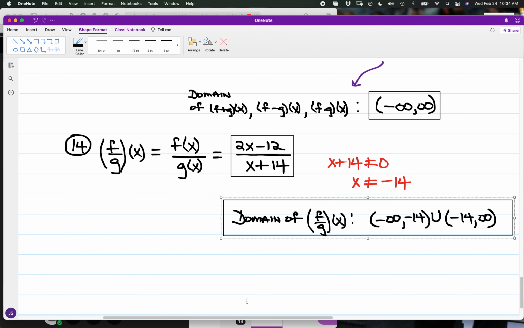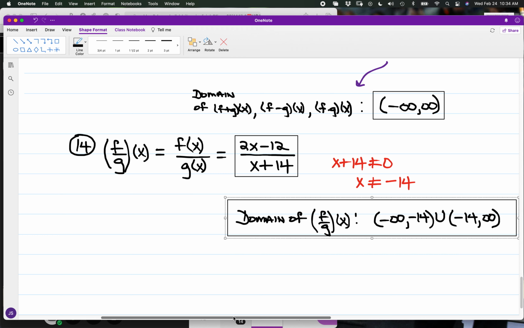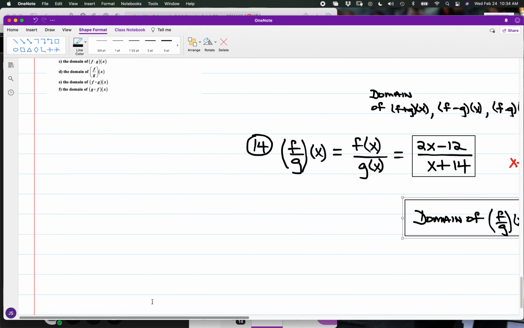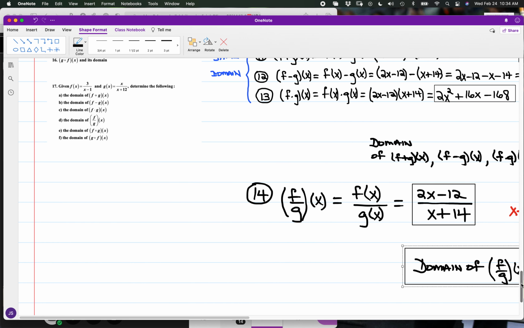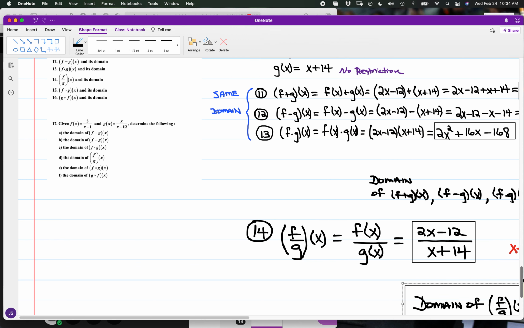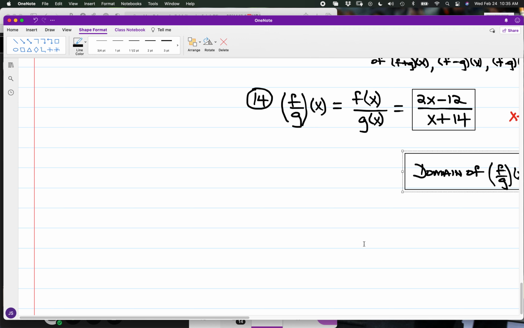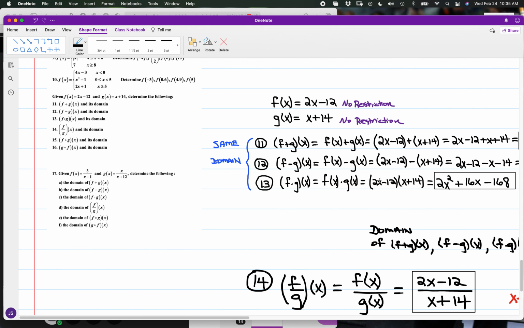Now, for looking at the domain with the composition of functions. Again, with the sum, difference, and product functions, you're looking at combining restrictions from, in this case, f of x and g of x.